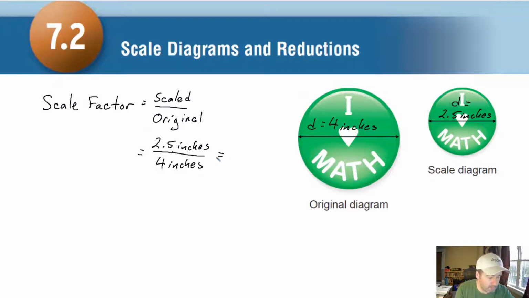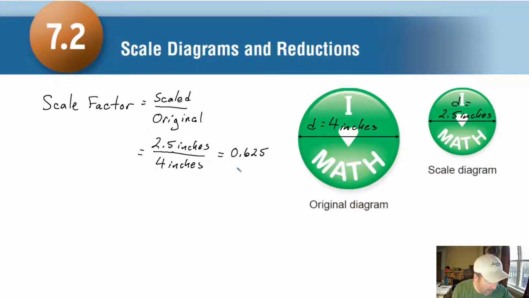Okay, so 2.5 divided by 4, grab a calculator, and that's going to be 0.625. All right, and again, just like before, inches are going to cancel inches, and our scale factor is going to be 0.625.